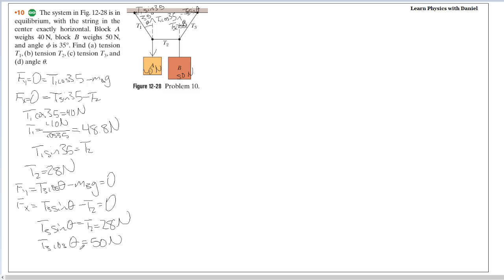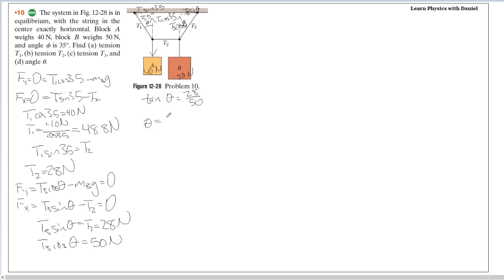So we can see that if we divide these equations by each other, we get that. So if we move up here, let's say, we have tan theta, which is sine theta over cosine theta, because we divide these equations. We have this equals 28 over 50.